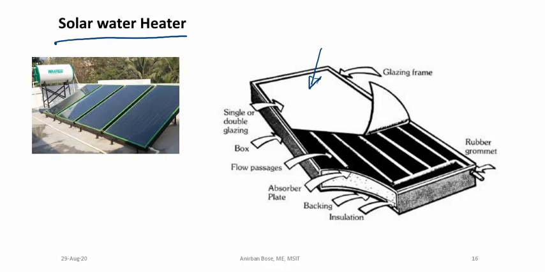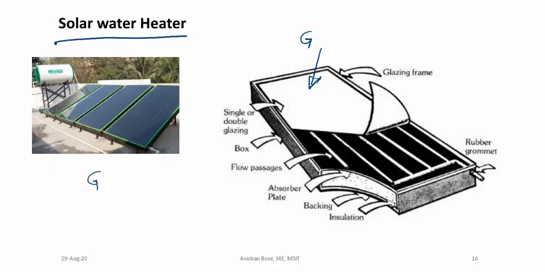At the top you see the covered glass plate, and in the glass plate most of the rays that are coming in will be transmitted through the glass plate, because glass is very transparent. So let us consider the total amount of radiation flux that is coming, say G.